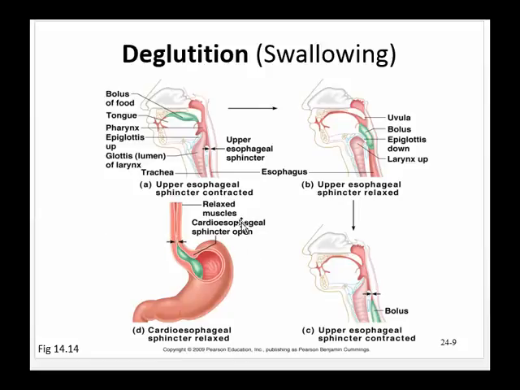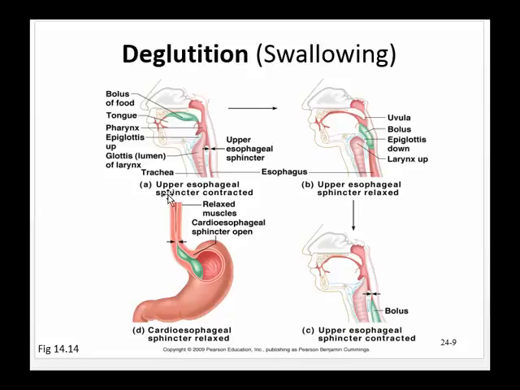And this lower esophageal sphincter will open and close when needed. So swallowing involves, and if you look at your notes page, 3 different phases: a voluntary phase of the tongue pushing on the food to the back of the throat, a pharyngeal phase where it gets pushed into the pharynx, and then finally an esophageal phase.